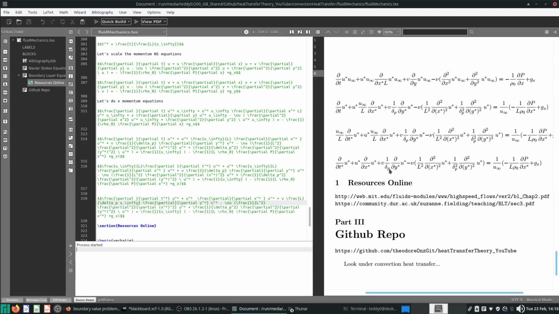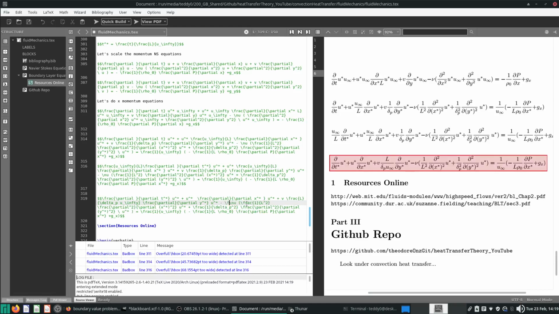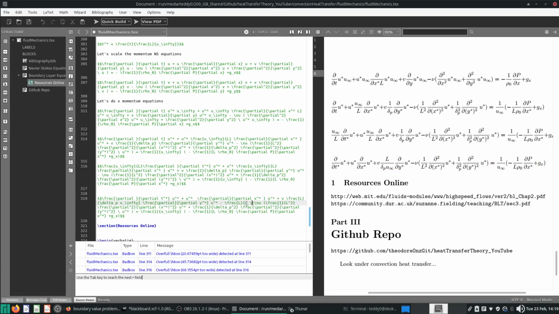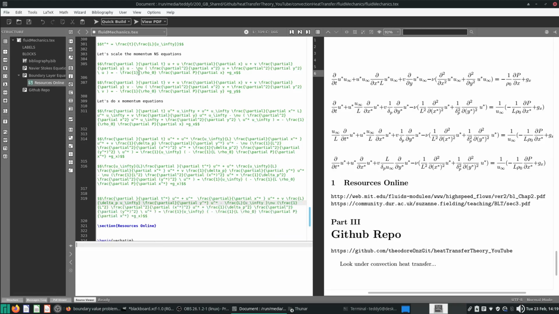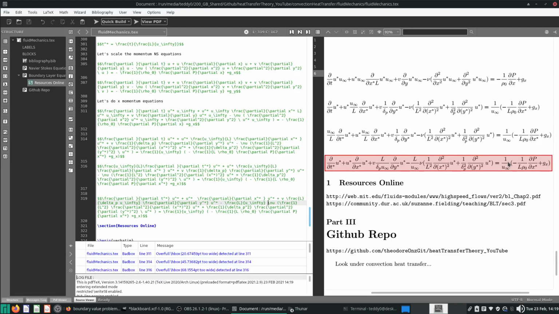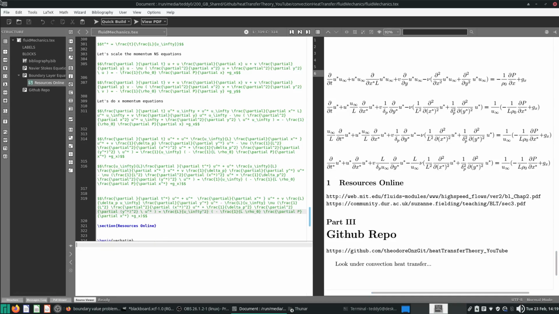Next is this viscosity term: again L on top, u infinity at the bottom. Likewise, we multiply L on top here and u infinity squared at the bottom.